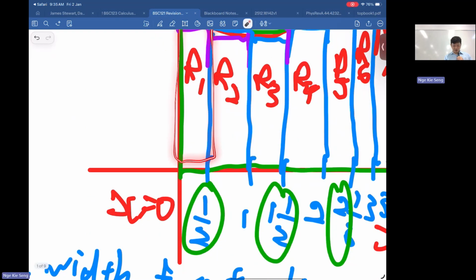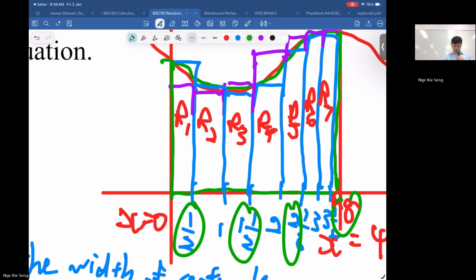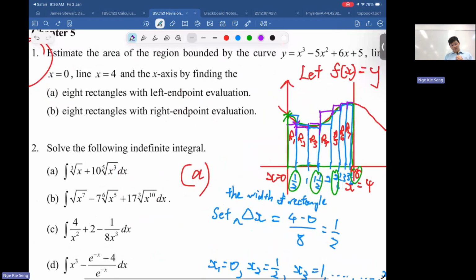So for example, if you pick the left endpoint here, you evaluate the height. So this is the point. But if you choose the right endpoint, half, and then you evaluate the height, it is different. So picking left and right, there's a difference. Does it make sense? Okay. So you need to be careful.